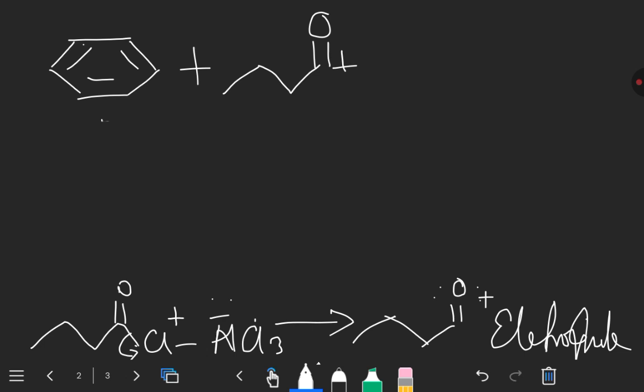What we are going to do here is that the double bond there will attack this electrophile, and what is going to be formed will be this structure.